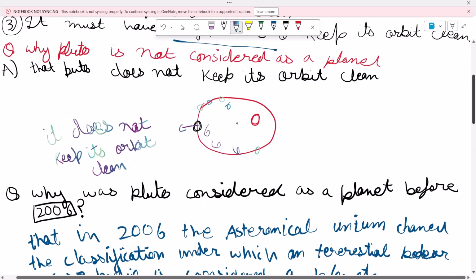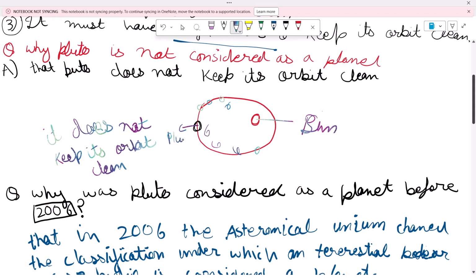You can see this is the sun, and this is Pluto.